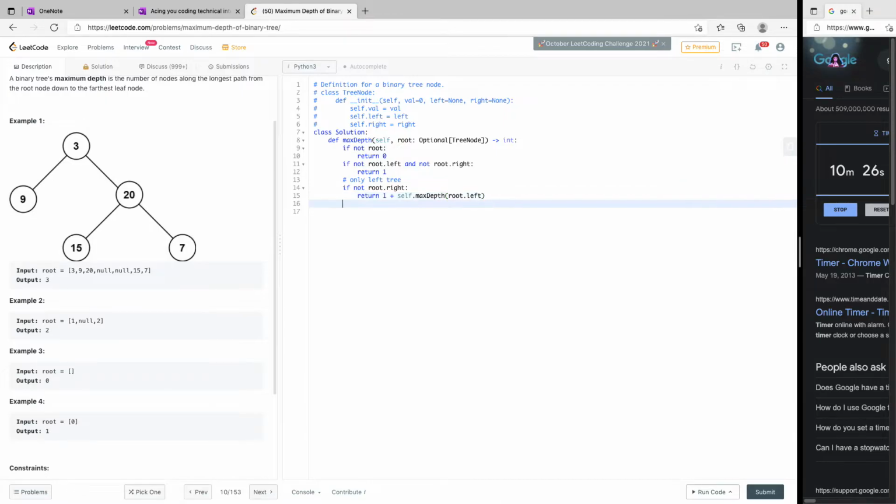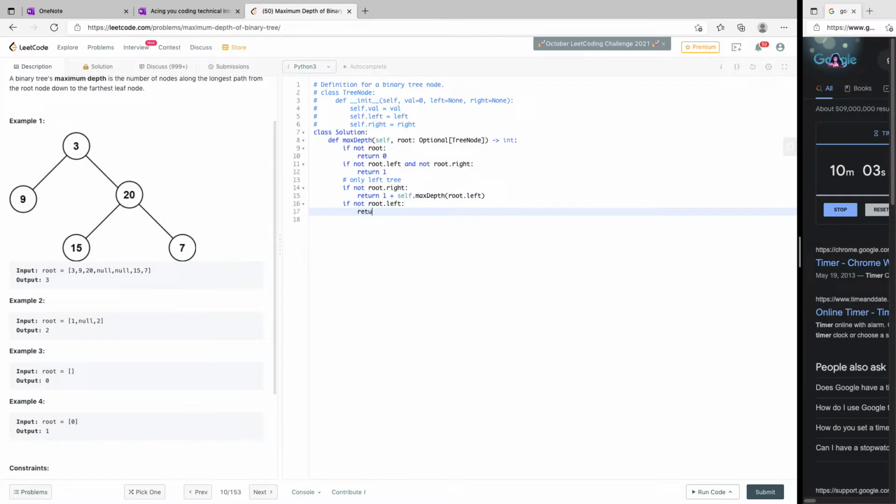We do a similar thing if we have only the right. So if not root.left, that means we have only a right tree.